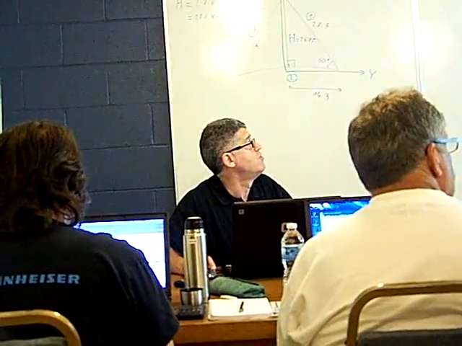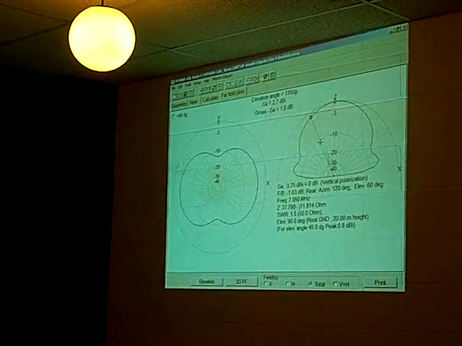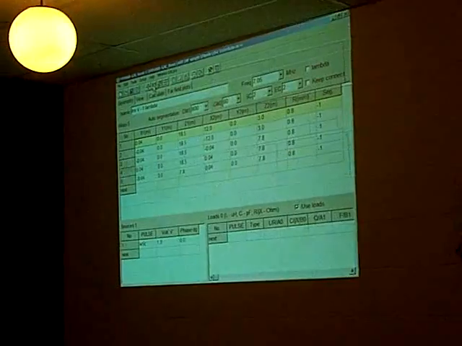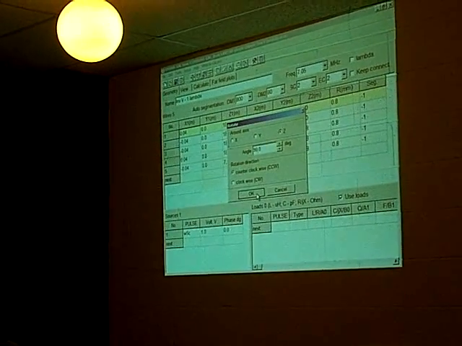Perhaps I could turn it by... You can rotate. So in the geometry, I think I can turn it by 90.